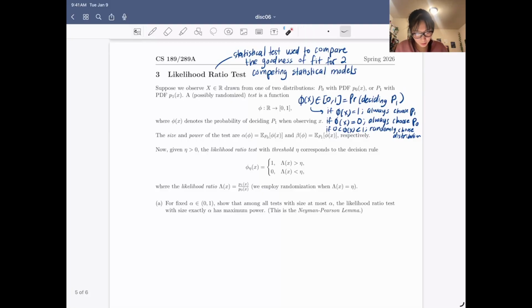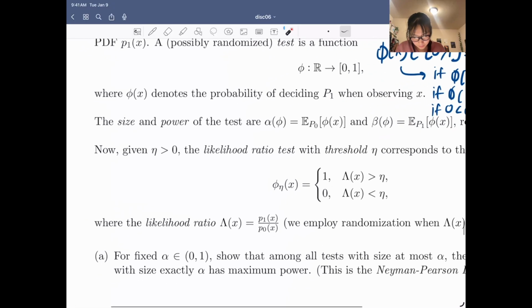Okay. Now the next part of the problem says the size and power of the test are this and this. That looks really complicated, so I'm going to try my best to explain what this means. When we see the size of a test, think of it like this.